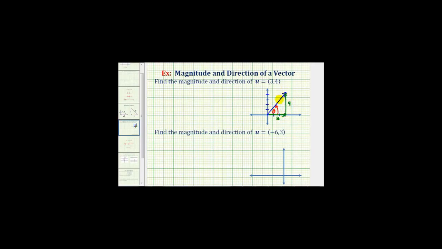So the magnitude of vector u would be the length of this vector, and because we have a right triangle, we can use the Pythagorean theorem to determine the magnitude of u. We would have the magnitude of u squared is equal to 3 squared plus 4 squared.